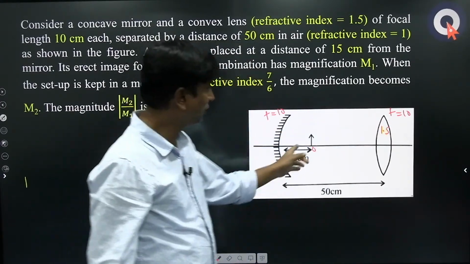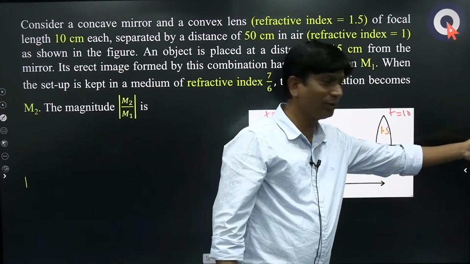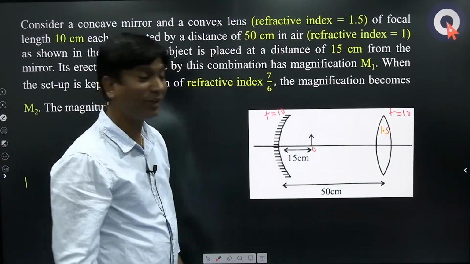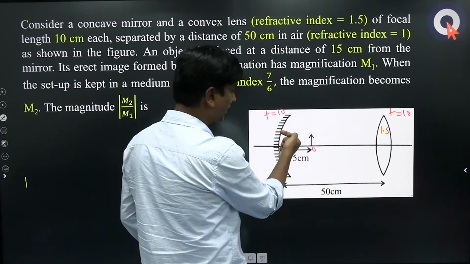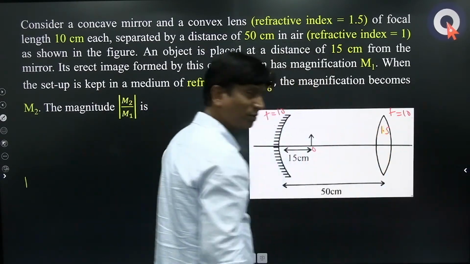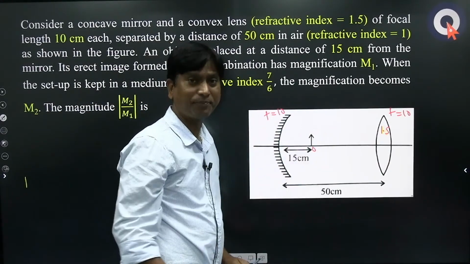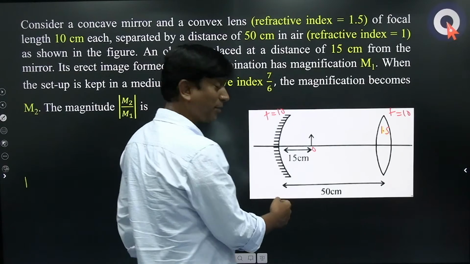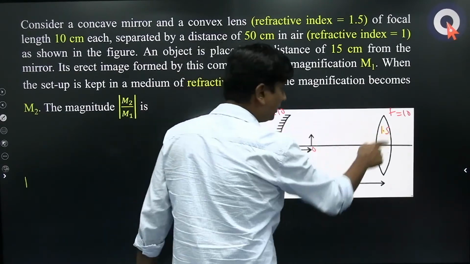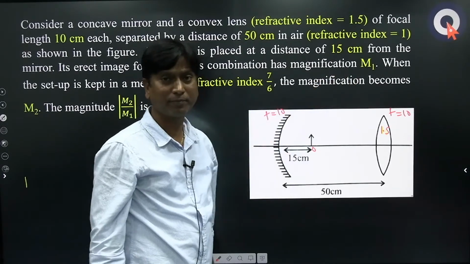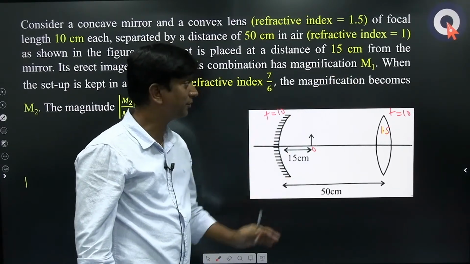Suppose if you take the lens first, you will get an image which cannot be formed again by the mirror, correct? So first you have to consider the ray going like this, reflection, and then passing through the lens. Clear? Right. After forming an image, this combination, first mirror then lens, will get a magnification of m1. Okay, that is the question.